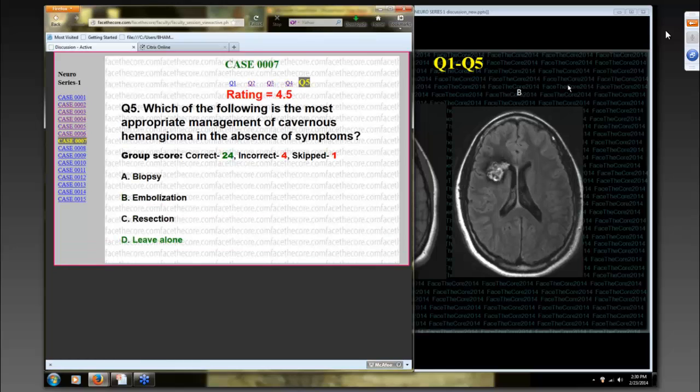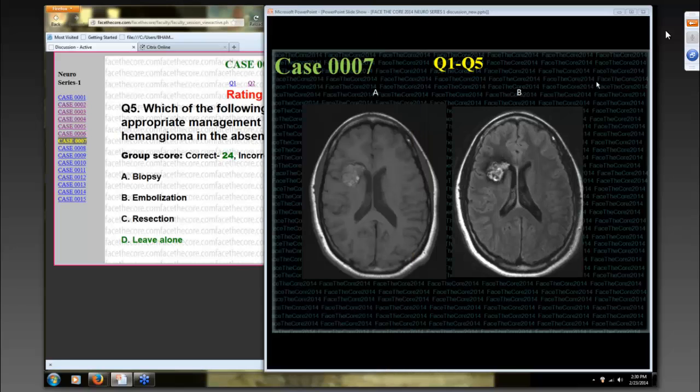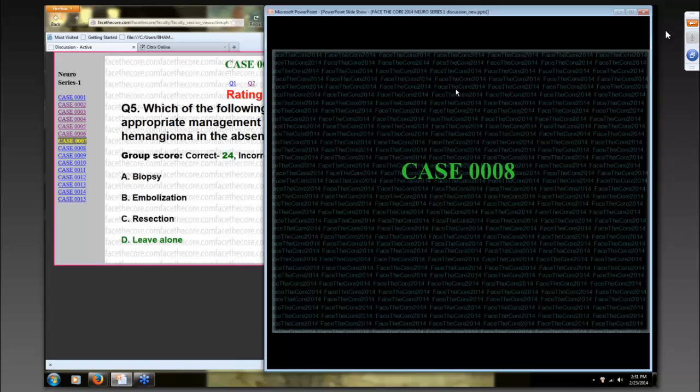We already talked about how to manage these cases. Most of the cases are left alone because it is seizure management by medical conservative management that they do. Rarely they need to resect, but the complications with resection will sometimes be even more than the seizure problem. And embolization has no role, and of course biopsy is definitely no role in these cases.